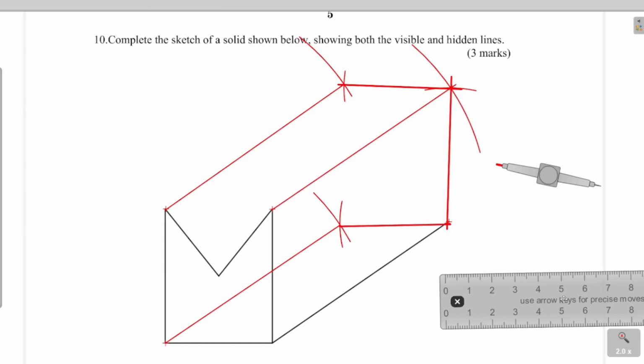So once we've done that, we are only remaining with these sides here. So we need to get this V shape. To do that, we shall take a pair of compass and we take this measurement here, that measurement, and then with that we can stand at this point, and then we mark an arc like that.